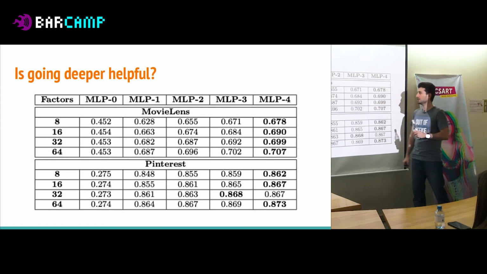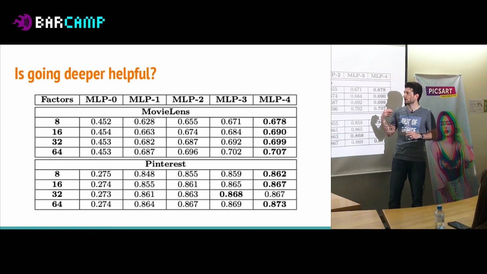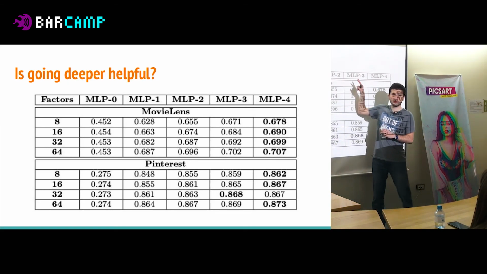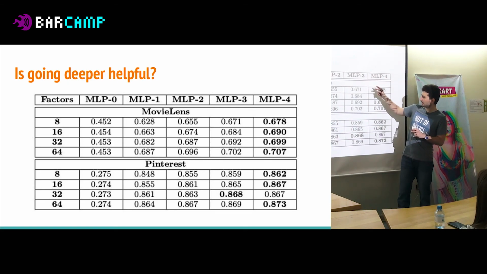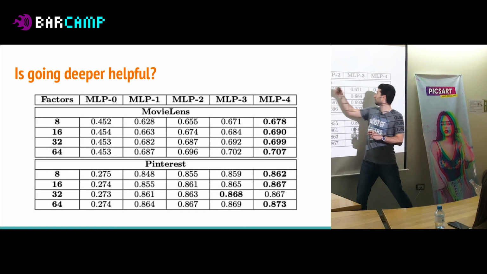The second question that we might ask is, is going deeper helpful? So these are values of the hits ratio for a different number of hidden layers, starting from 0 to 4.